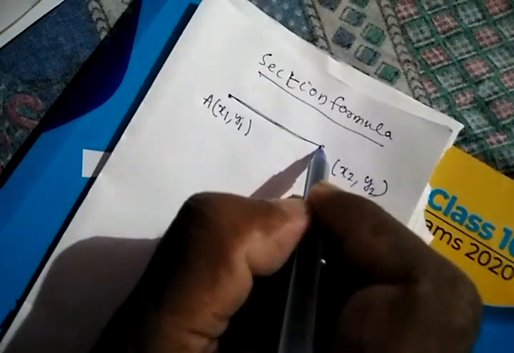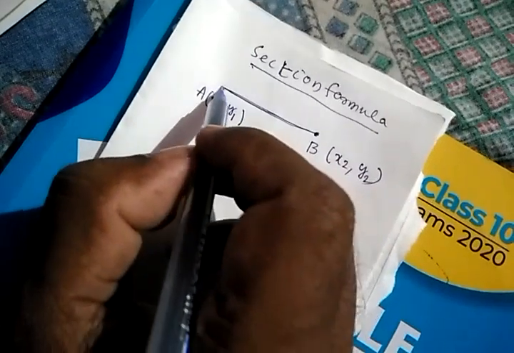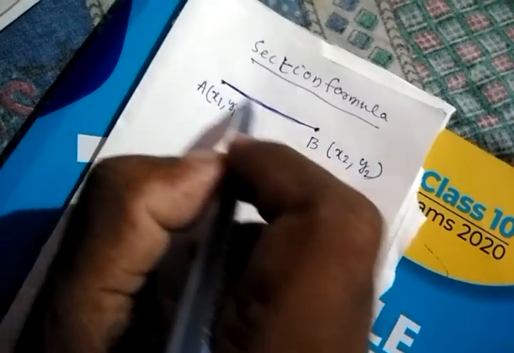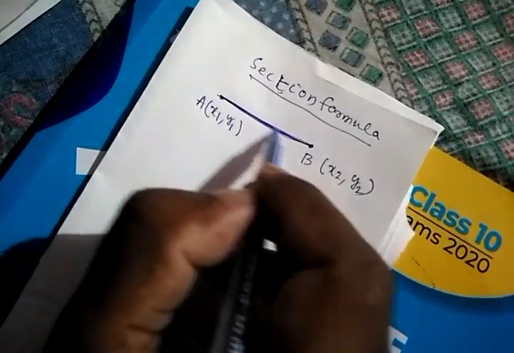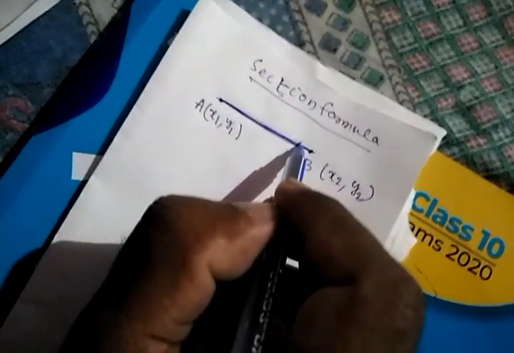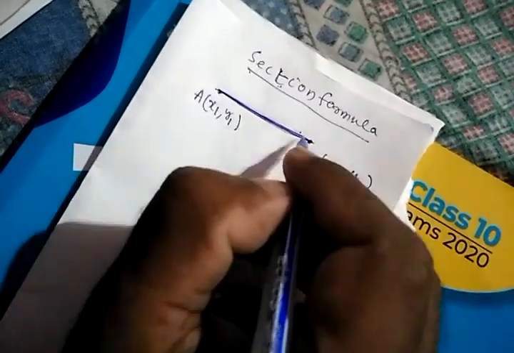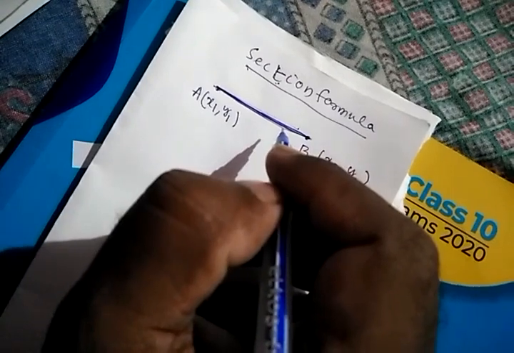If you connect these 2 points, you will get a line segment. Suppose this line segment is divided into 2 parts. Section means parts of a division. Suppose this line segment AB is divided into 2 parts. How can it be divided into 2 parts?